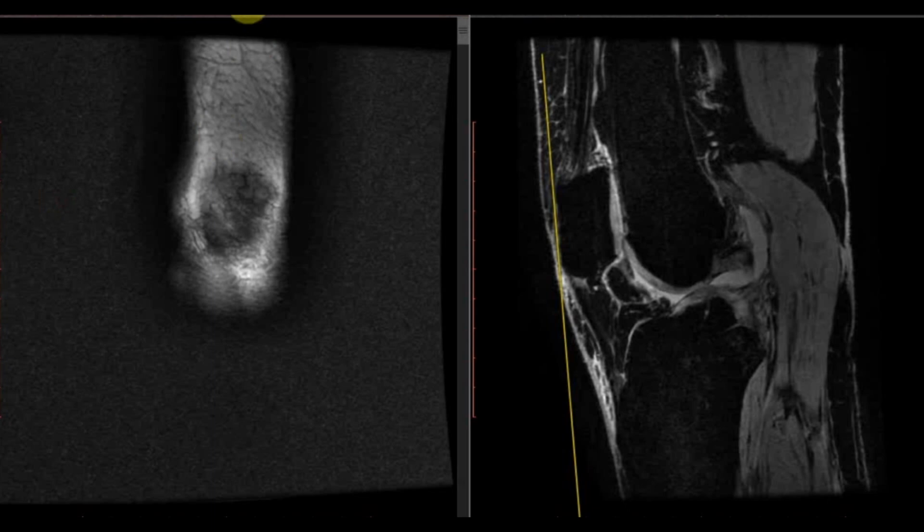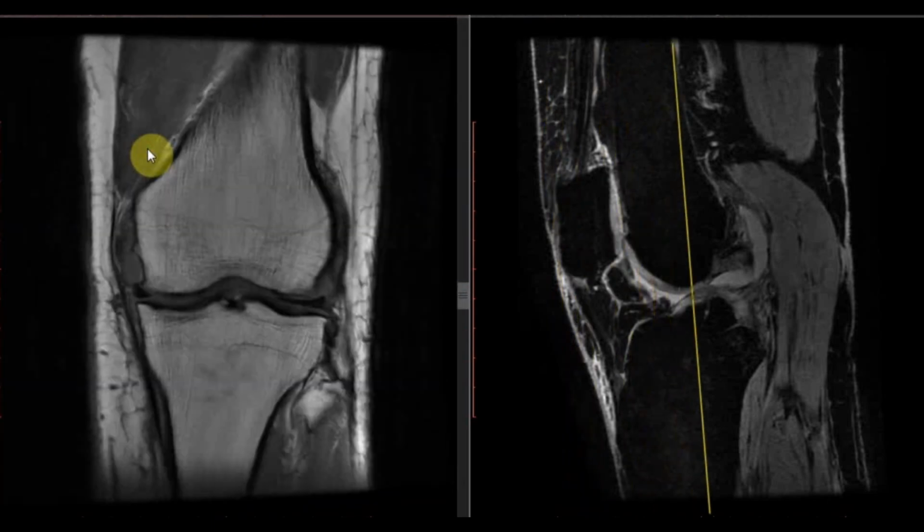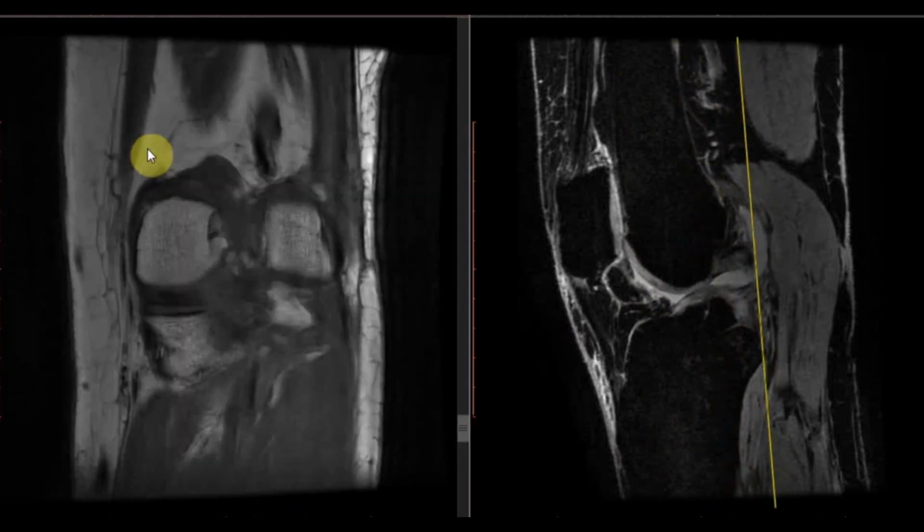Let's see the coronal plane. So we can see this is the bony fragment which has avulsed from the femoral attachment site of posterior cruciate ligament.